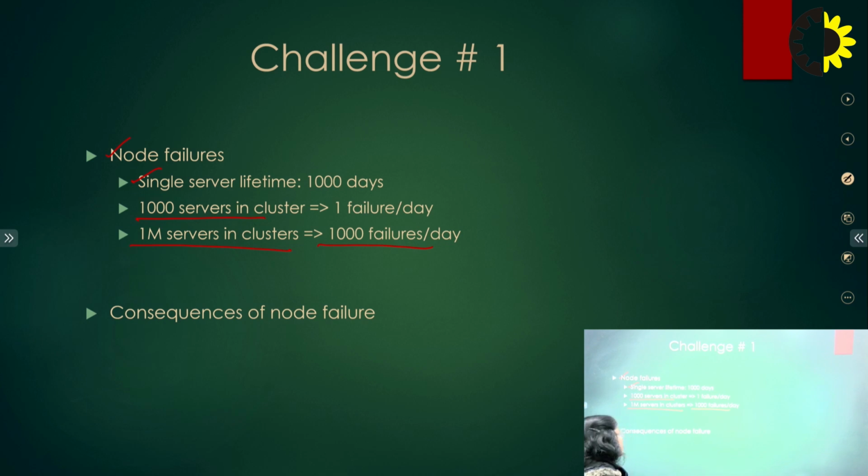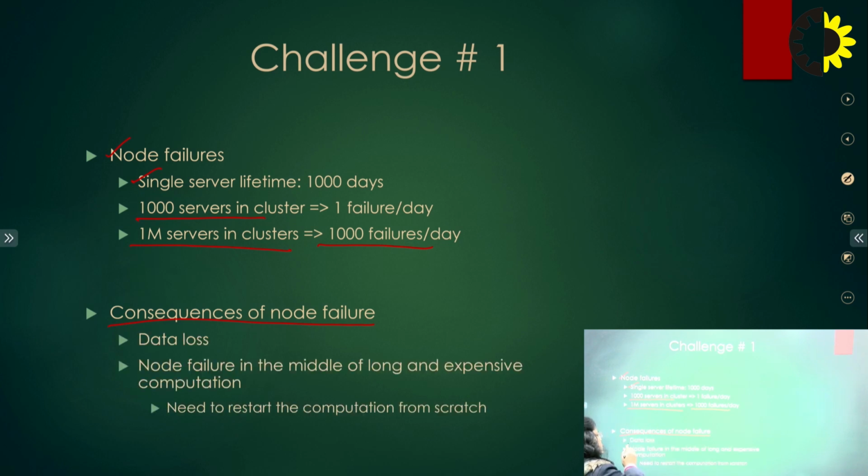So the consequence of node failure: if there are 1 million servers in a cluster and the failure rate is 1000 failures, it means 1000 servers failed in a day. So the data stored at these servers might be lost. The main challenge is data loss.